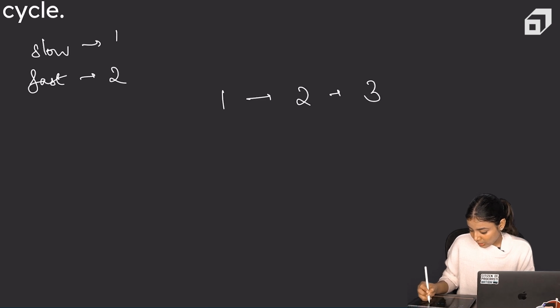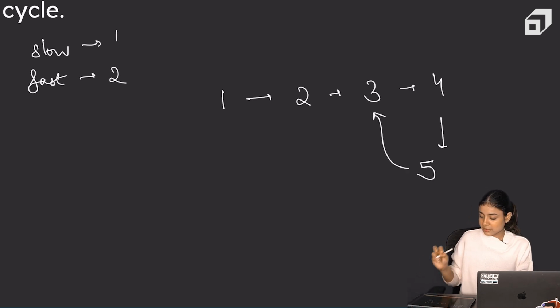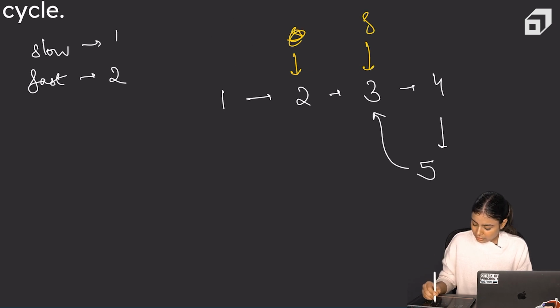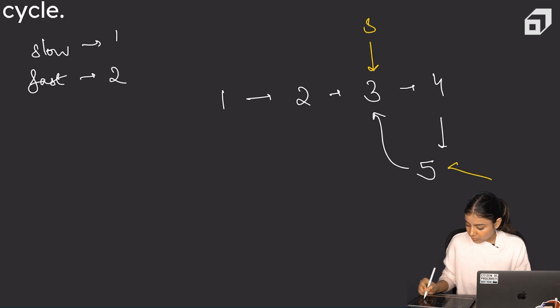Let's try to see. If I have this linked list, and I start my 2 pointers here, slow and fast. Slow will move by 1 step, fast will move by 2 steps. So slow will come here and fast will come here, right? In the next iteration, slow will come here and fast will come here.